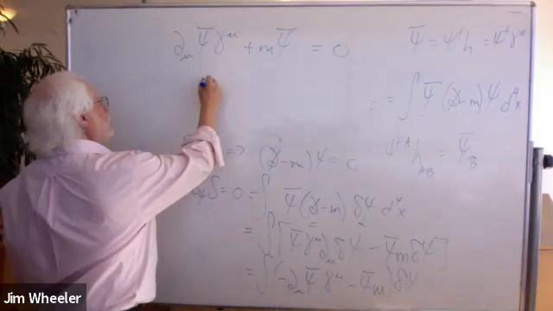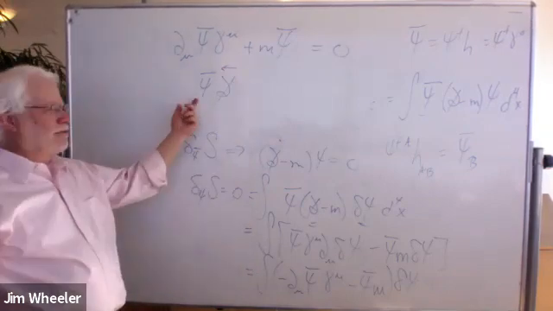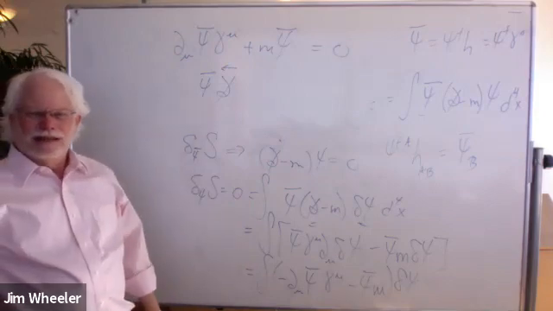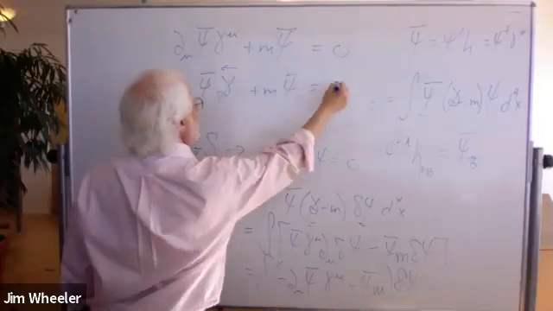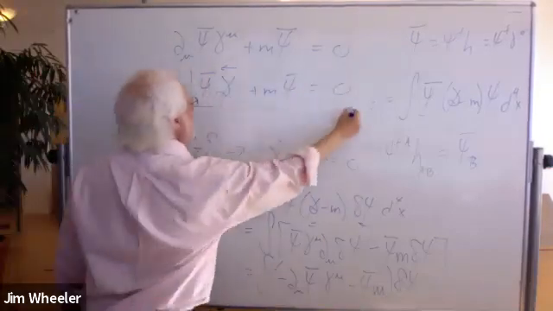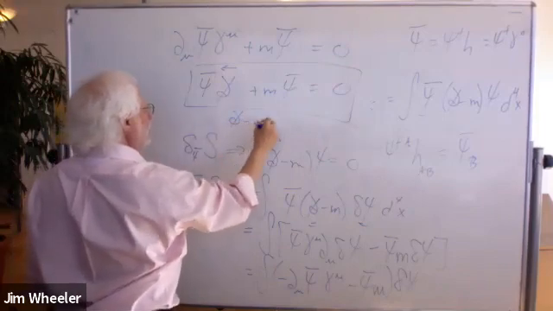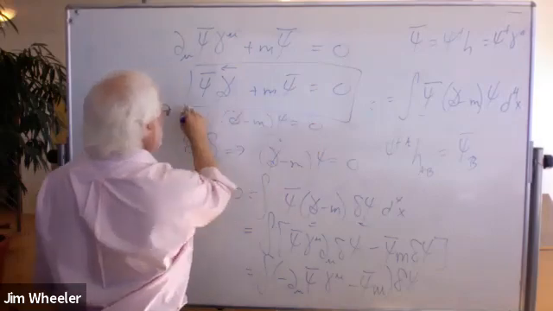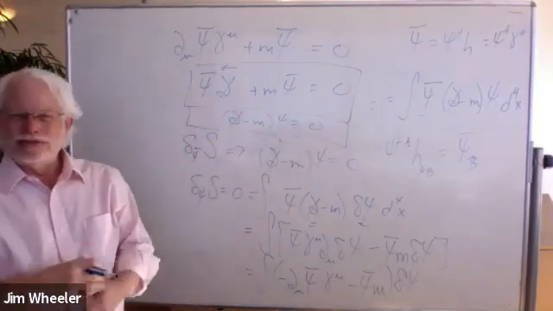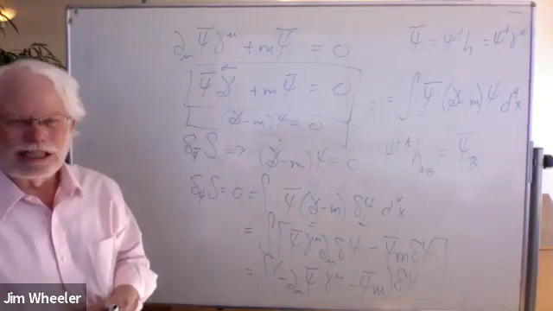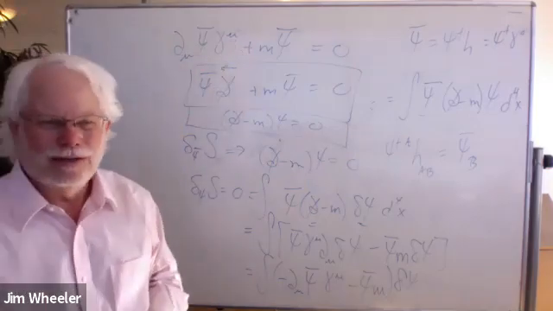What we do is we write a d slash this way with an arrow to tell us that the derivative is acting here. This is standard notation for the conjugate Dirac equation. So this is the conjugate Dirac equation, and then the regular Dirac equation, d slash minus m psi equals 0. Because the action is real, those necessarily will be complex conjugates of one another. So if I take the adjoint of one of these, I will get the other.